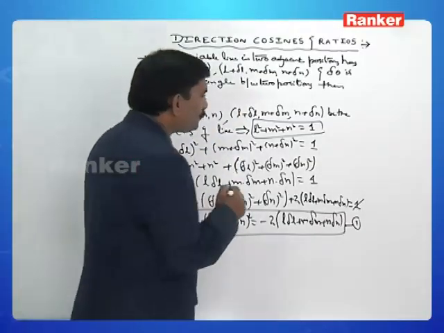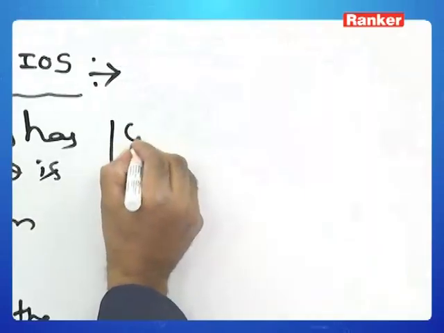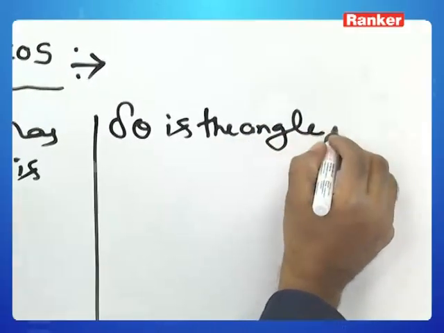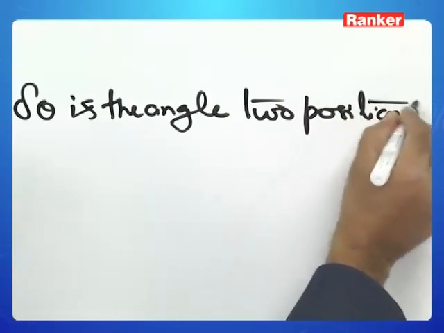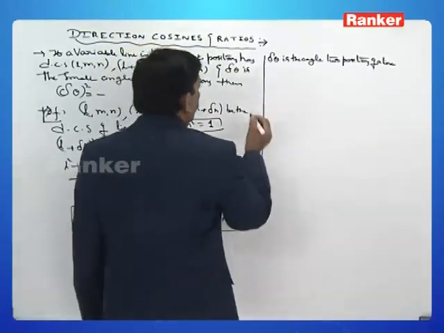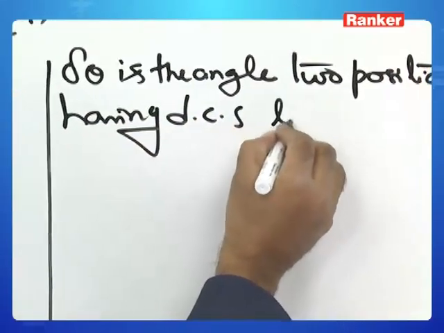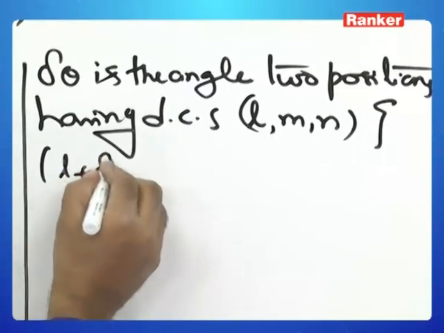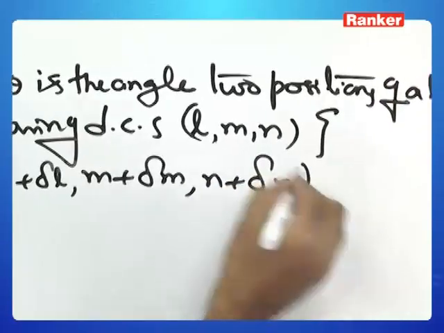Next comes about δθ. δθ is the angle between two positions of a line having DCS l, m, n and l + δl, m + δm, n + δn.